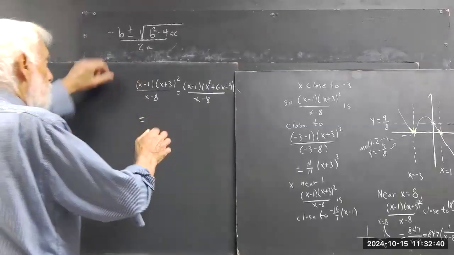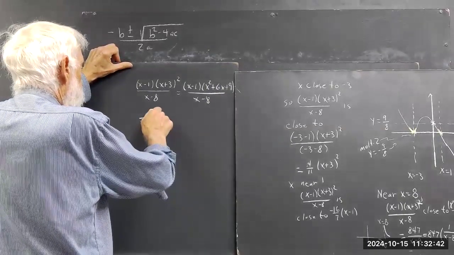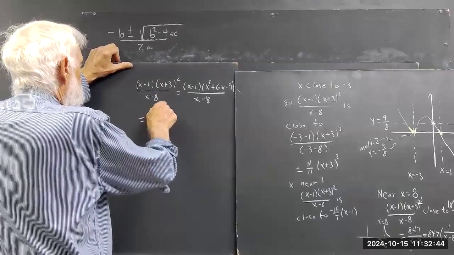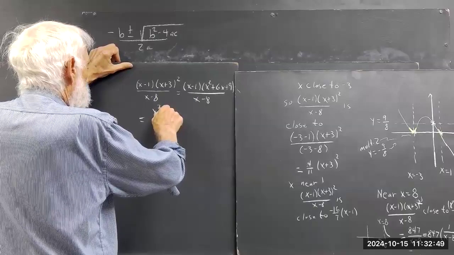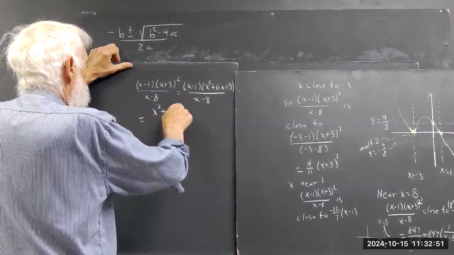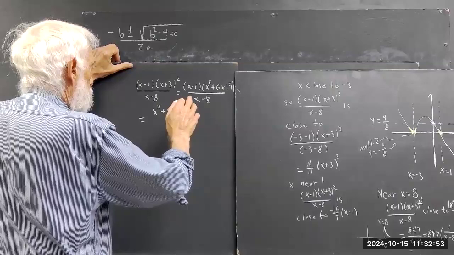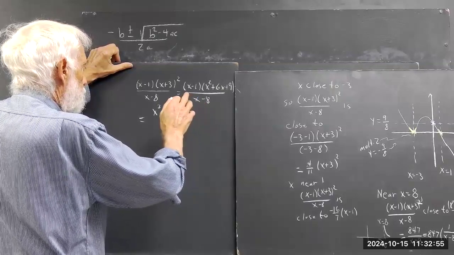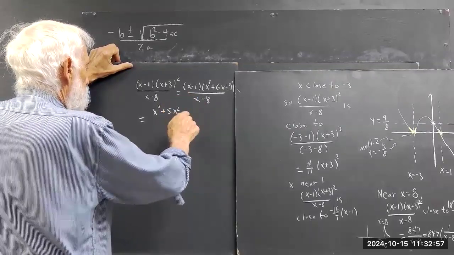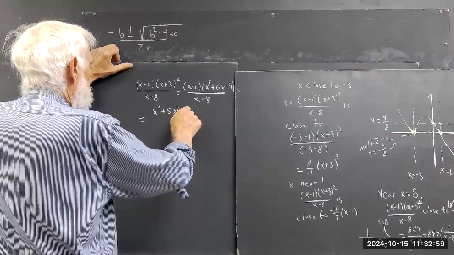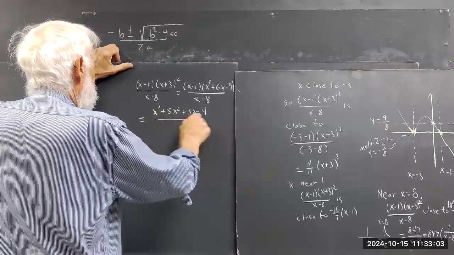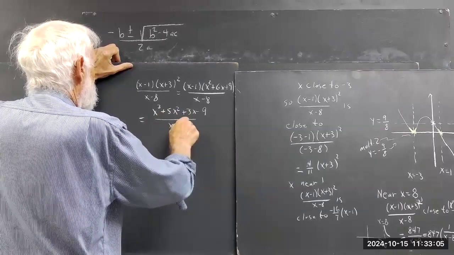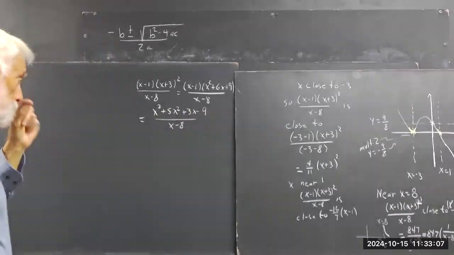Then you can multiply through by the x and by the minus 1. That's going to give you x cubed, and then you're going to have 5x squared, and then you're going to have 9x and 6x is 3x minus 9 over x minus 8.